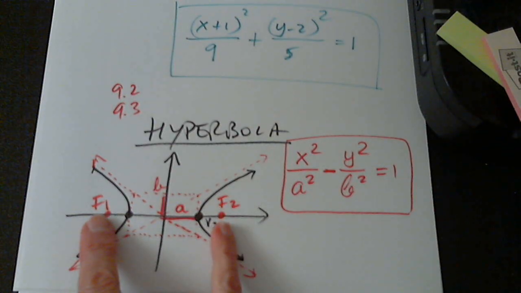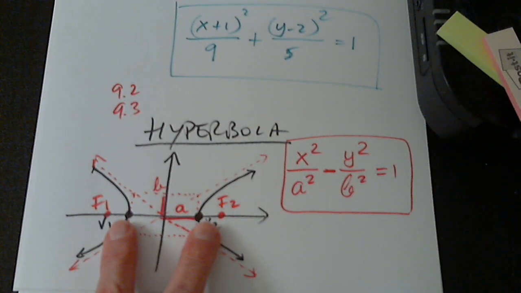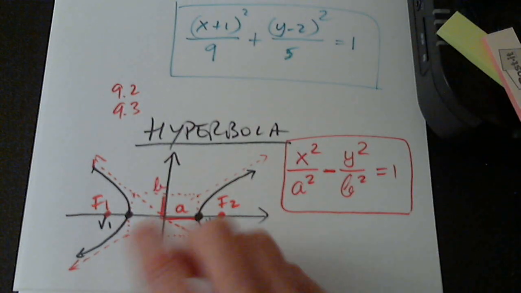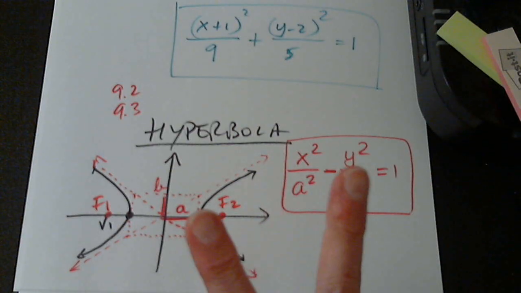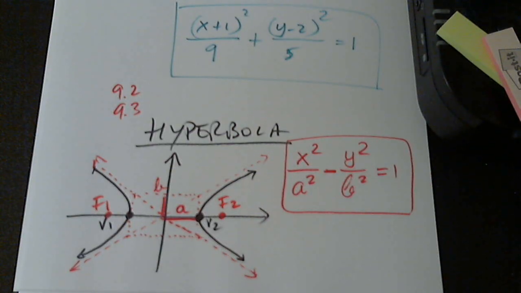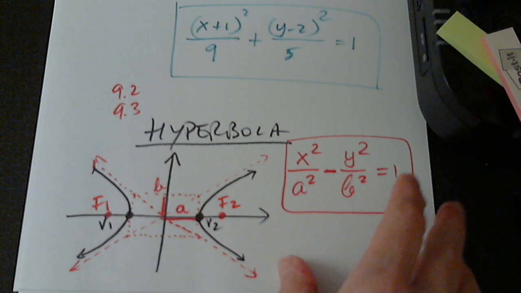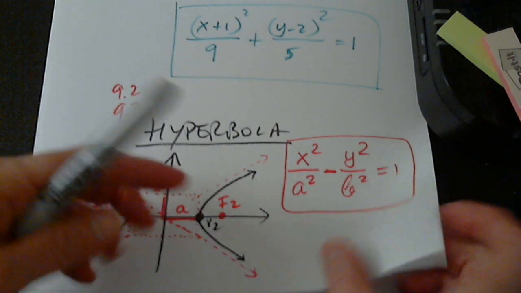So foci, vertices, center, asymptotes, two oblique asymptotes. That's how the hyperbola looks in this case.